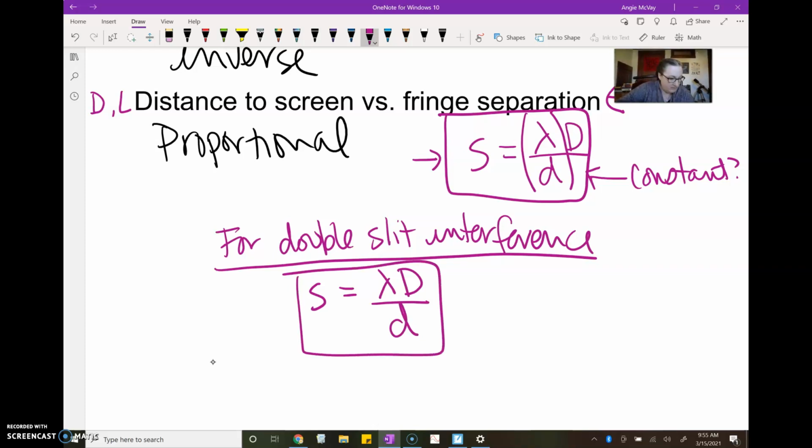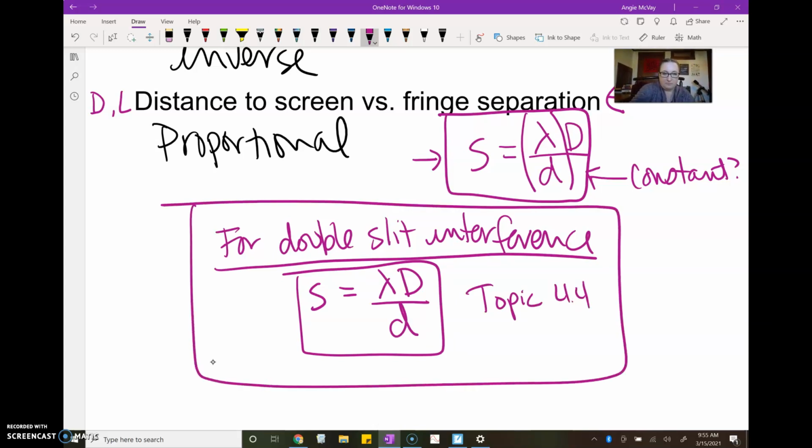Boom. Okay, and this is in your data booklet under topic 4.4.